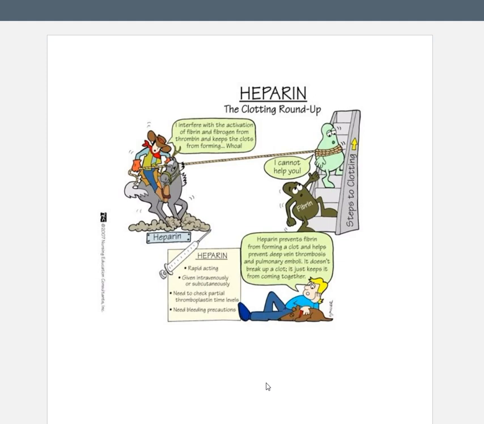Pretty much the side effects that we would see with this would be some hyperkalemia, because obviously it's a potassium-sparing medication.